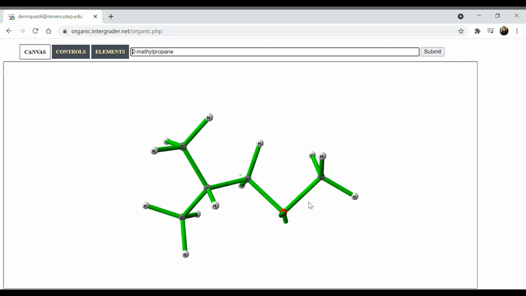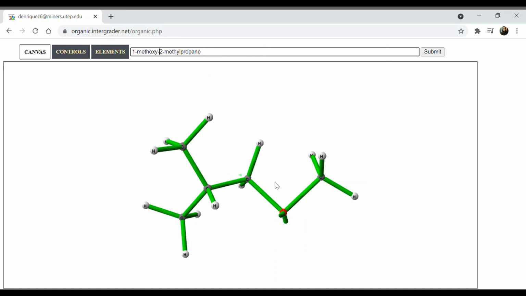And now I'm going to add my methoxy. It's at the 1 position, so 1-methoxy-2-methylpropane. So methoxy at the 1 position and a methyl at the 2 position.